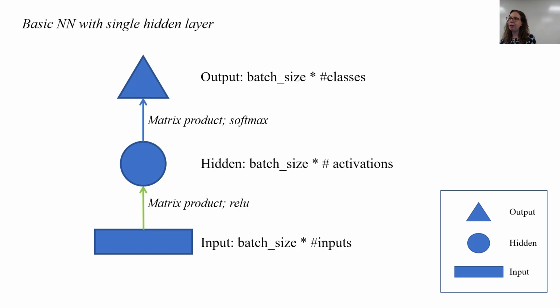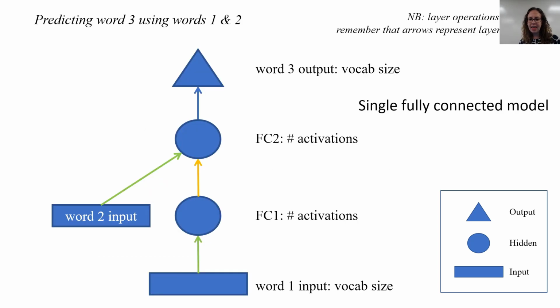Hidden layers and outputs. So this is one of the most basic neural networks you can imagine. It just has a single hidden layer. We're going to build from here and consider, what if we wanted to predict word 3 from words 1 and 2? We multiply word 1 by a matrix of weights.